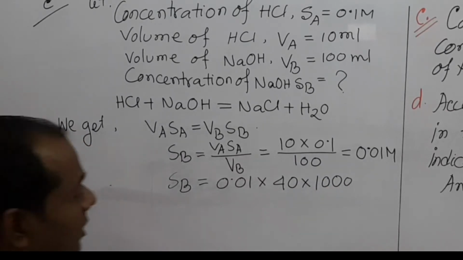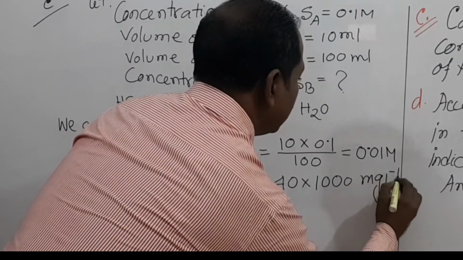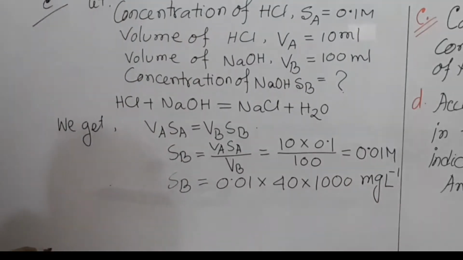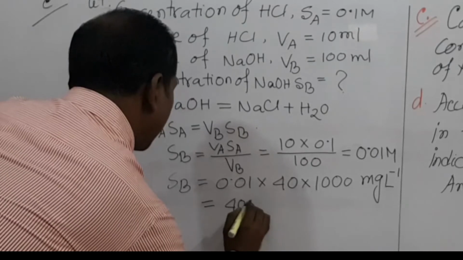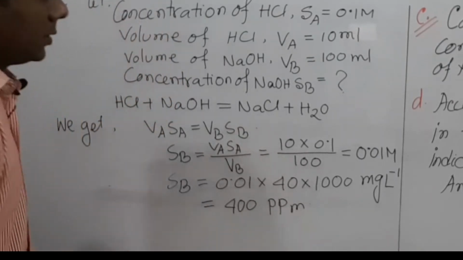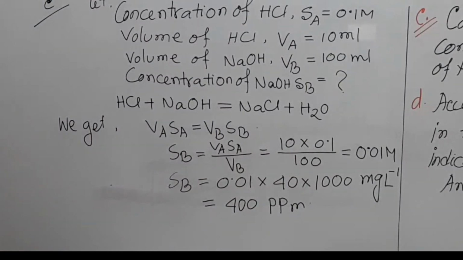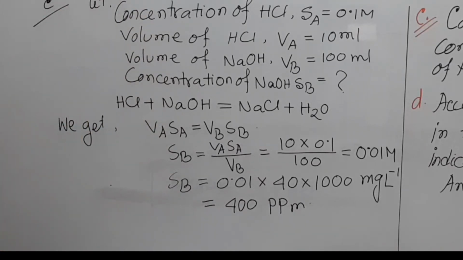Then we get the unit is milligram per liter. Okay, the answer is 400 ppm, because milligram per liter is the unit of ppm. So we can say that the concentration of base in ppm unit is 400 ppm.